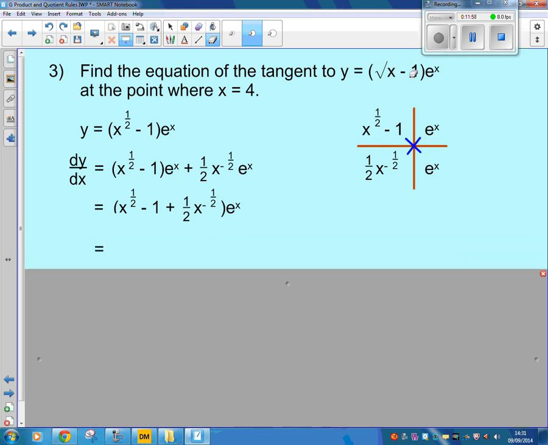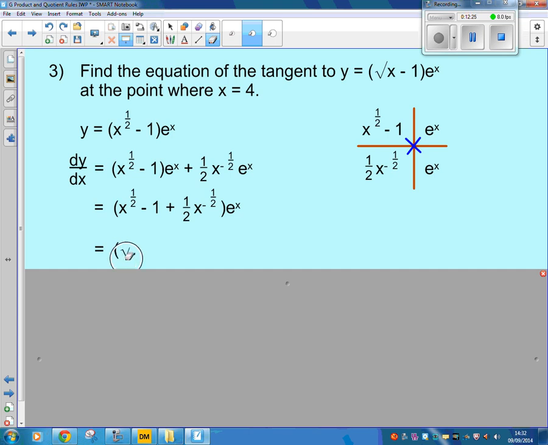Now, when you want to do some more work with it, like slotting in x equals 4, it may be easier to rearrange this and get it back in terms of root x's. If you're happy, you can key everything in on your calculator and leave it in this form, and immediately start slotting in your x equals 4. Otherwise, let's just change it back into square roots.